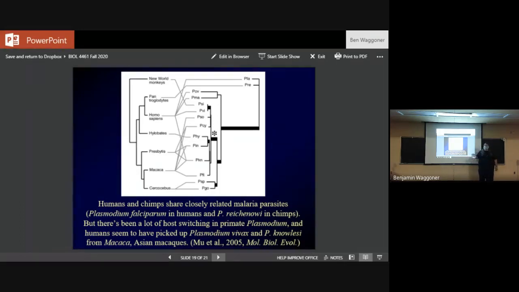I'm guessing we lived close to a bunch of macaques for a while, and mosquitoes kept transferring parasites between species. And I'm not sure of the details, and it doesn't matter here. But what happened in this case is that we acquired species of parasites that were not present in our closest relatives. We got them by this process of host switching.